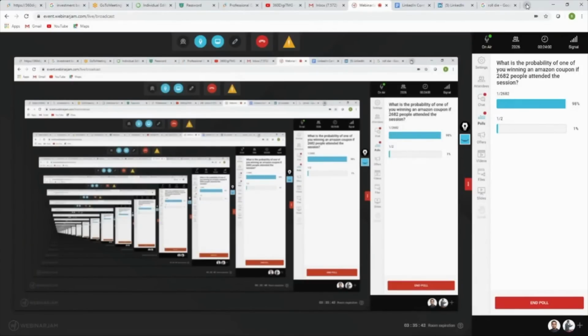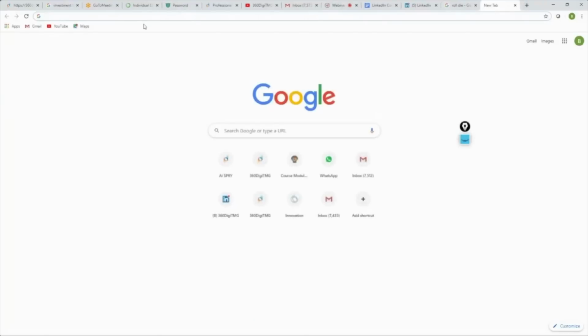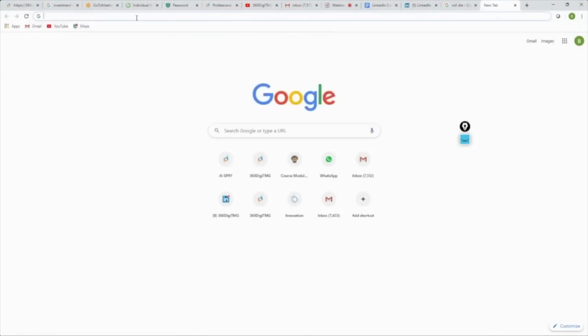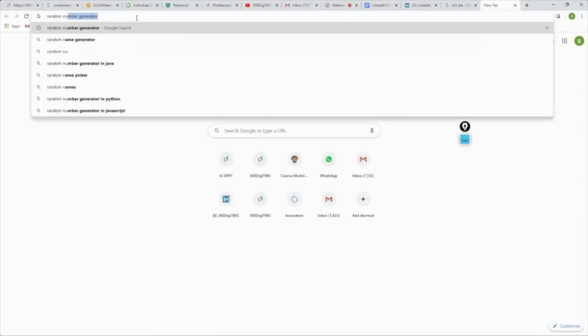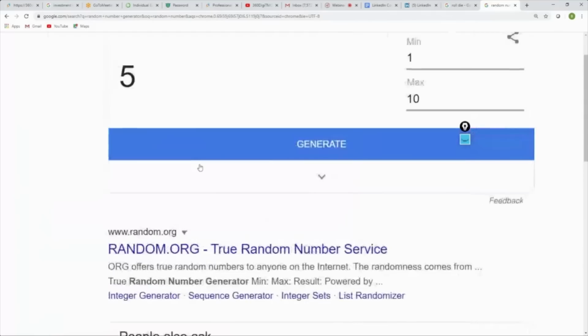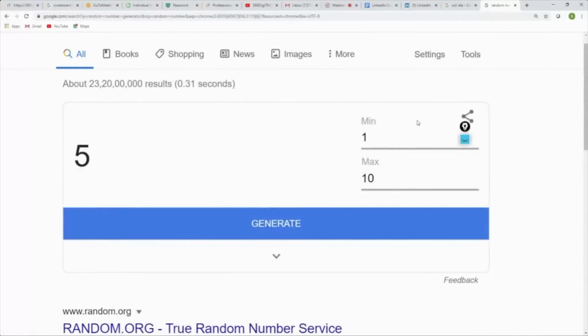Now what I shall do is, I will go here and say random number generator. When I say random number generator, this is what you get on Google. Directly on Google, I'm not doing anything. I'll just put the number 2,682.